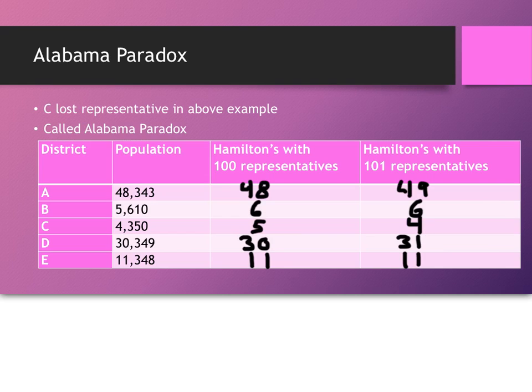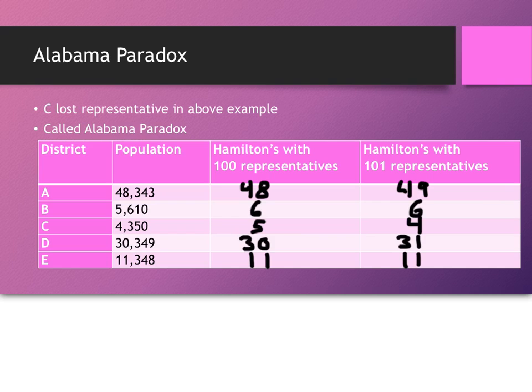Now this seems a little bit counterintuitive that the total number of representatives went up, but because of the way the rounding came out, C went from 5 to 4 representatives. This idea is called the Alabama paradox. It was discovered a long time ago. You can check the dates in the book.